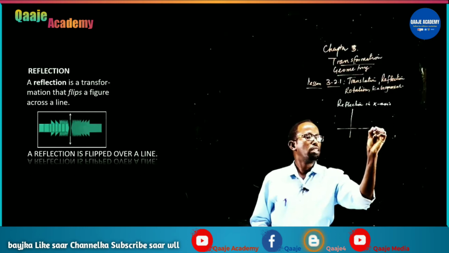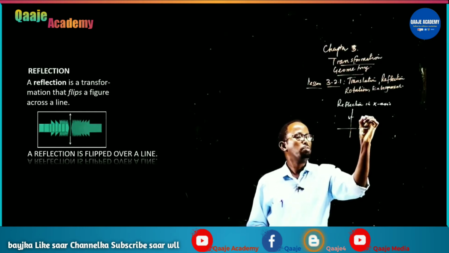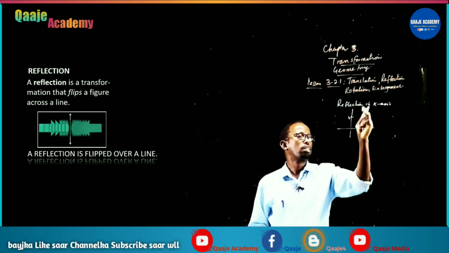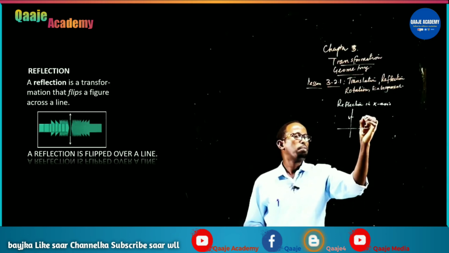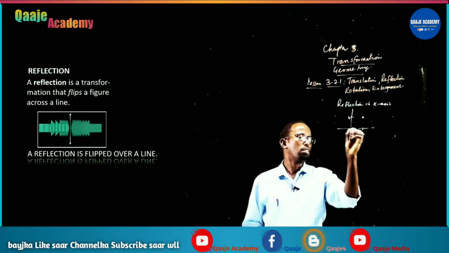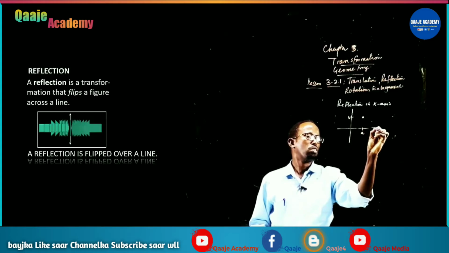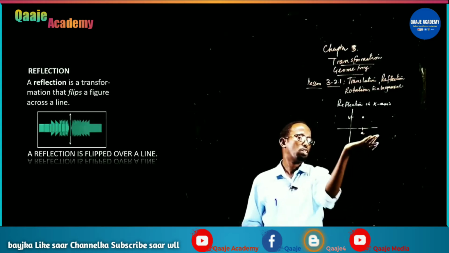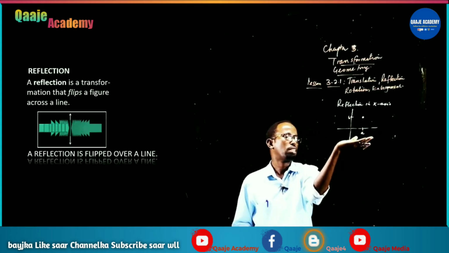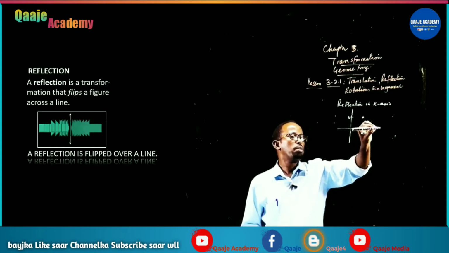Let's say we have a point A and then B. Now this is my object point. This can be a triangle, it can be a rectangle, I'm just picking a point. So let's say this is my point, and this is the mirror line. This is where your mirror is. You want to reflect this point across the x-axis. So what happens is the A will be invariant.